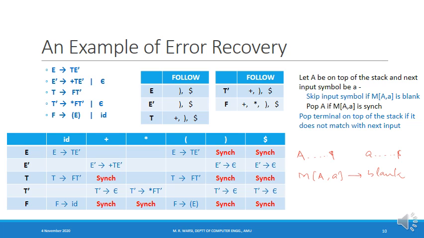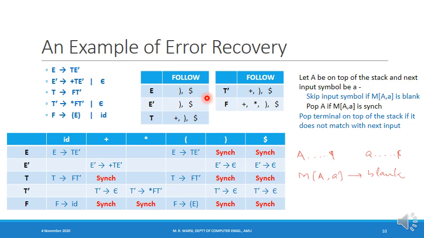What does the predictive parser do in the event of error? We discussed it a short while ago. In the event of an error, the predictive parser skips input symbols till it finds a symbol which is a synchronizing token, and when a synchronizing token is found, it pops the nonterminal from the stack.